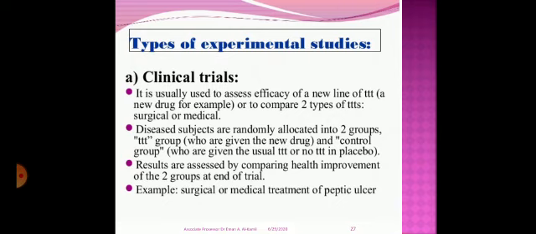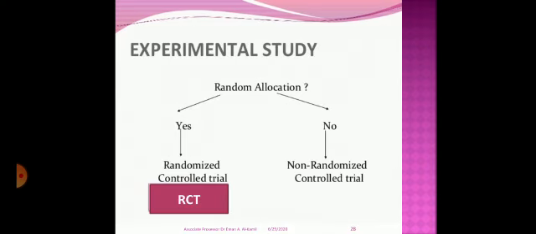For example, if we want to assess medical or surgical treatment among individuals who have peptic ulcer, we take two groups. One group of peptic ulcer patients has the surgical treatment, and the other group has the medical treatment, and then we measure the differences.